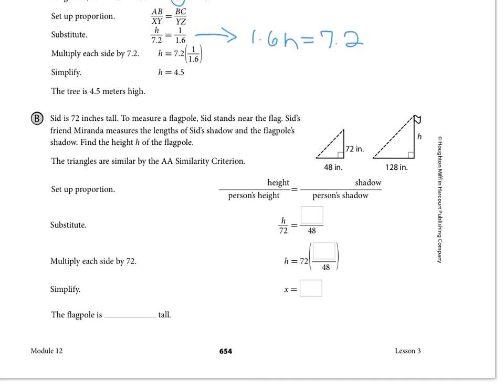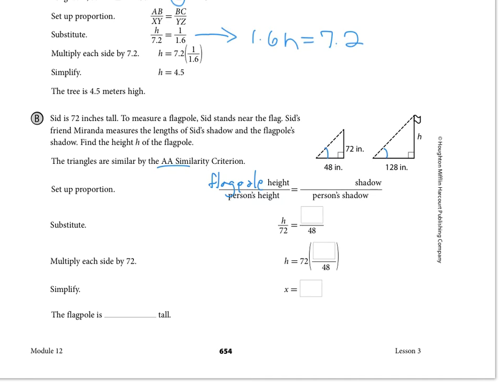In the next example, we have a flagpole that we're measuring, and so let's fill in the blanks here. The triangles we know are similar. We've got shadows again, so we know we've got right angles, plus we've got these angles with the line of sight to the top with the sun. We're again similar by angle-angle similarity. So we're going to set up a proportion here, and first we're going to look for the flagpole height to be on the top, the numerator of the fraction, over the person's height.